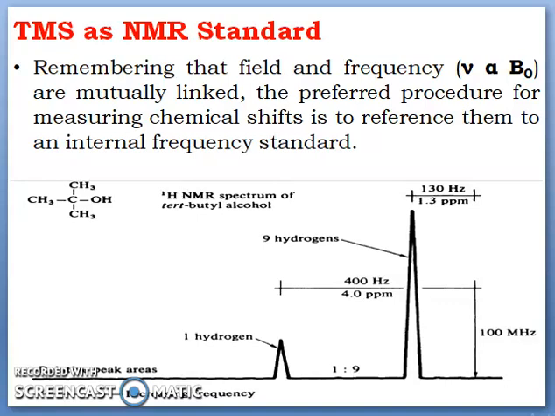Before that, we have to keep this point in mind that frequency is directly proportional to the magnetic field strength. If you increase the magnetic field strength, the requirement of frequency will be more. Hence, we have to add a chemical which should act as a reference in NMR spectroscopy.